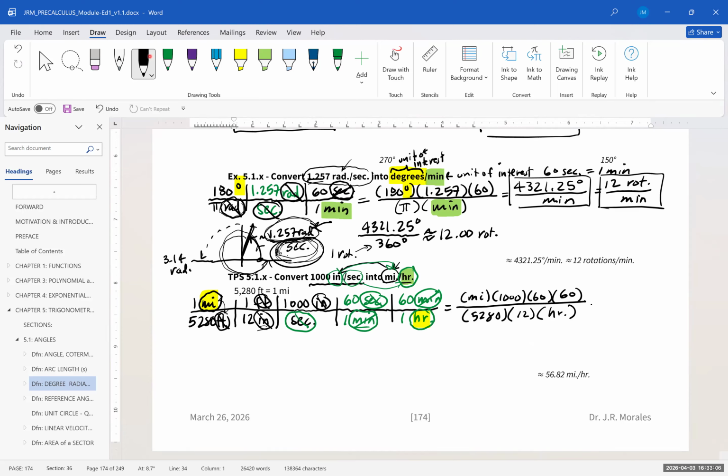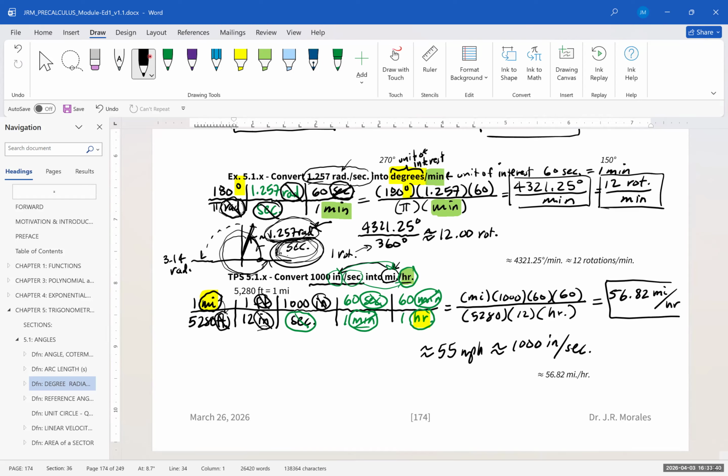And when you multiply all that out, you're going to get 56.82 miles per hour. So what this means is when you're traveling about 55 miles per hour, then you're approximately going 1,000 inches per second. That's the conversion.